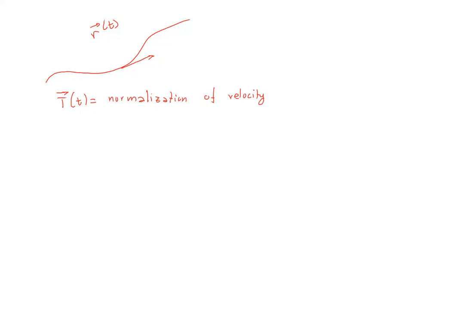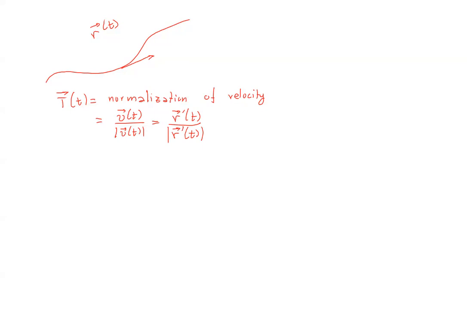So this is going to be v of t divided by the magnitude of v of t, which is, by the way, the speed, or r prime of t over the magnitude of r prime of t. Now, this is a unit vector. We assume, of course, that the velocity here is never 0.